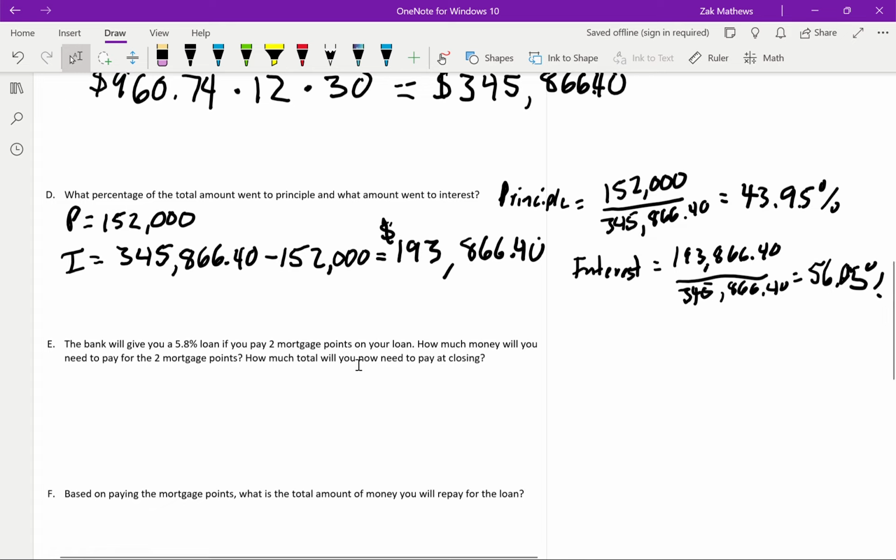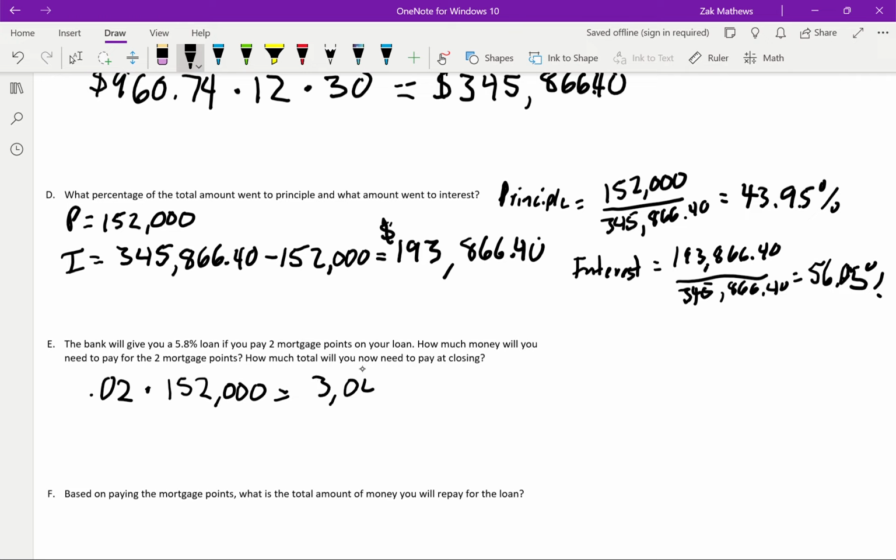So we are going to take our two mortgage points, or 2%. We're going to multiply it by the loan amount. And so remember, the principal was $152,000. And when we multiply these two things together, we get $3,040. So not a ton more, considering you're already in for $38,000, just another $3,000, and it gets us a little bit better interest rate.